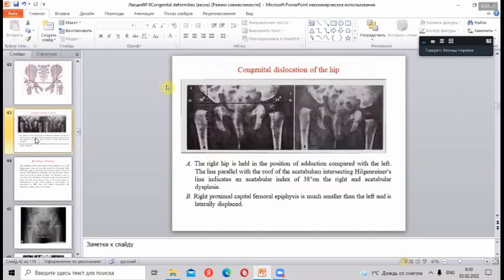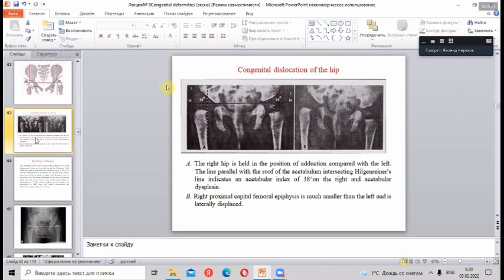The right hip is held in a position of adduction compared with the left. The line parallel with the roof of the acetabulum intersecting Hilgenreiner's line indicates an acetabular index of 48 on the right and acetabular dysplasia.